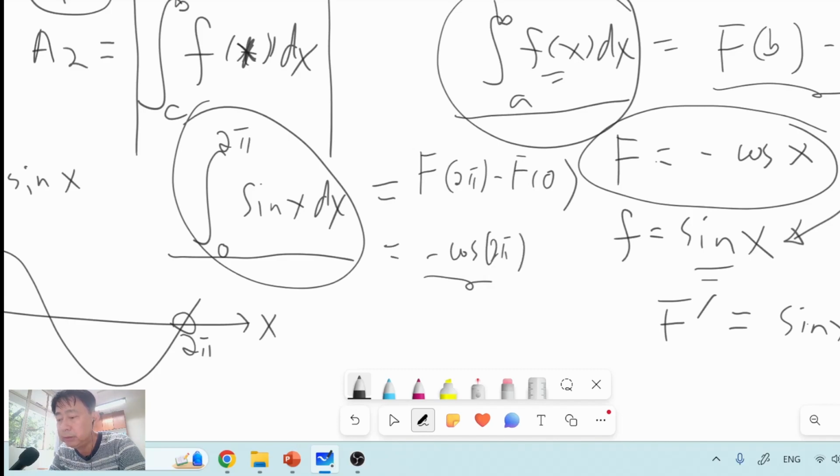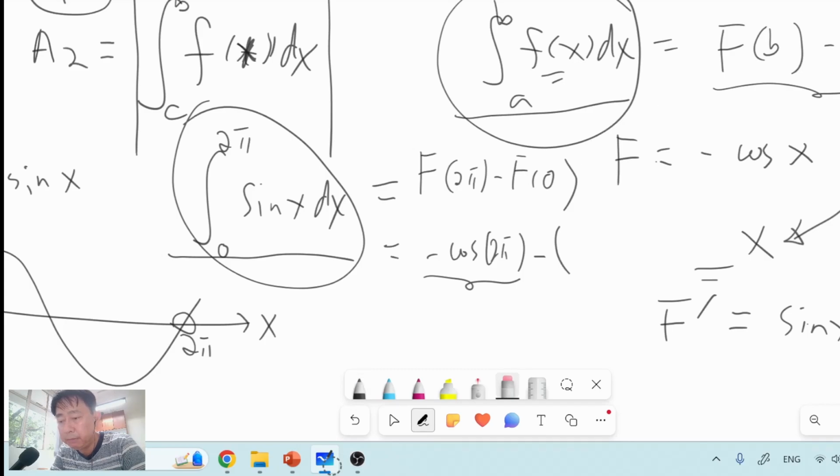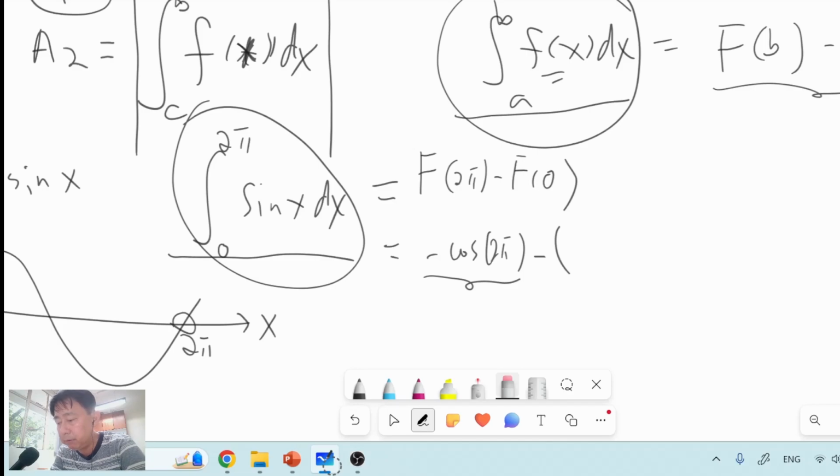So this is the antiderivative evaluated at 2 pi minus the antiderivative. So let me wipe off these statements here to make space for me to write down my calculations. So capital F of 0 is equal to the antiderivative evaluated at x equals 0.